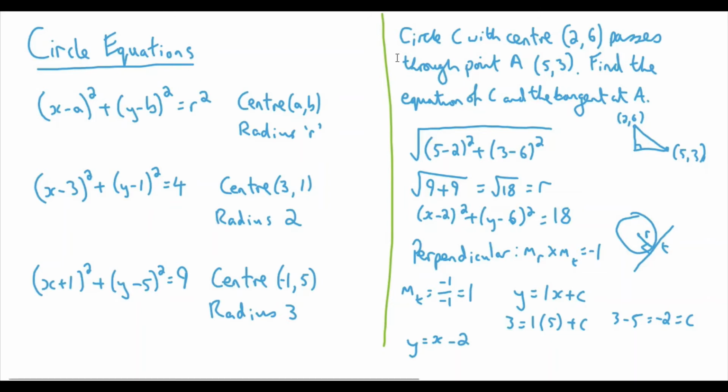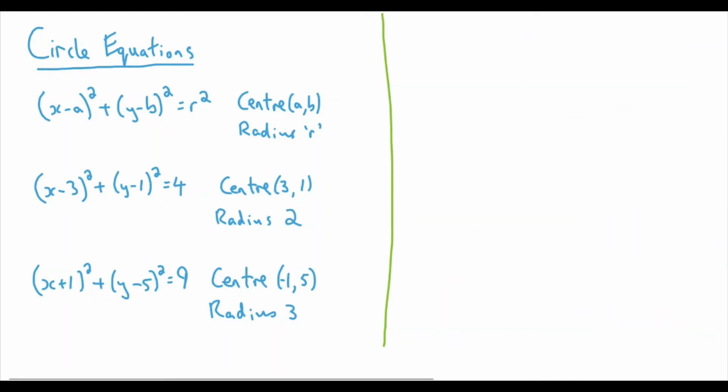If we're okay with that, let's see how you can get along with a question of your own. Say that circle C has centre (2, 5) and goes through the point (-2, 3).